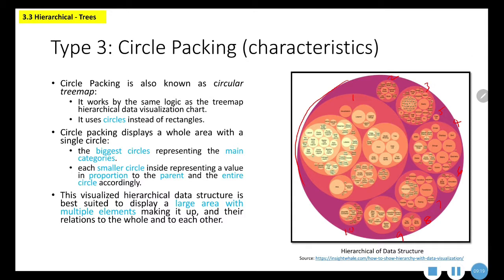And if we go deeper, if we zoom in, this individual circle is the parent to the children or the nodes inside this circle. So this kind of circular tree map is best suited to display a large area with multiple elements that make it up, and their relations to the whole and to each other.